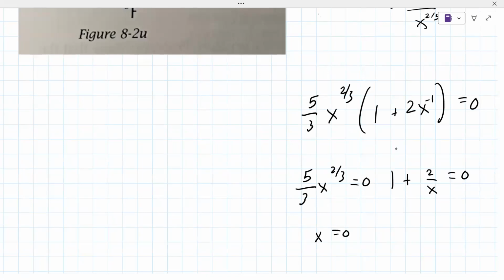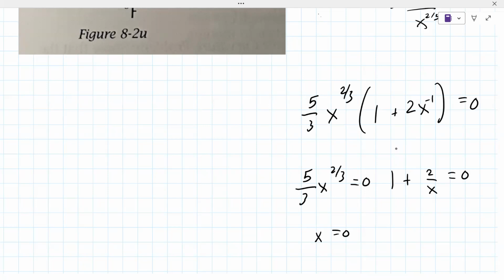The first one is a critical point at 0. What about the other one? So be 2/x equals -1, and then I don't know how you would multiply the x on the bottom.